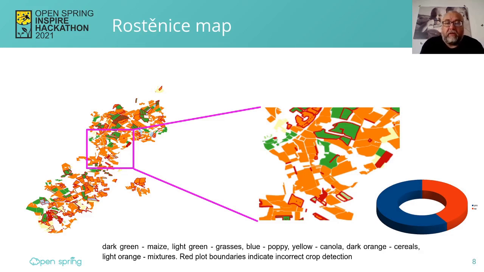First of all, the red boundaries of plots indicate incorrect crop detection, and the colors indicate some type of crops, for example, dark green maize, dark orange cereals, or yellow, which means canola. You can see that about 60% of classification was successful.